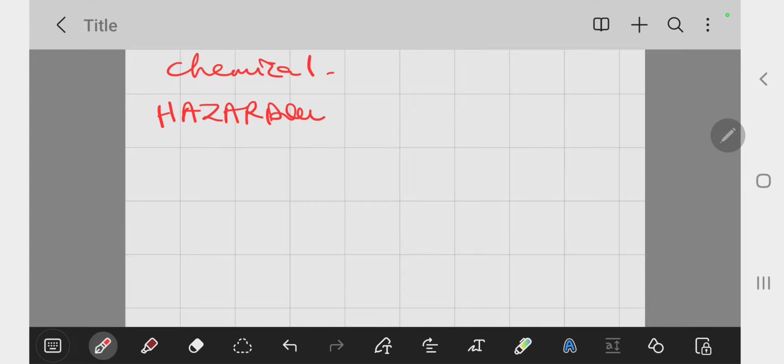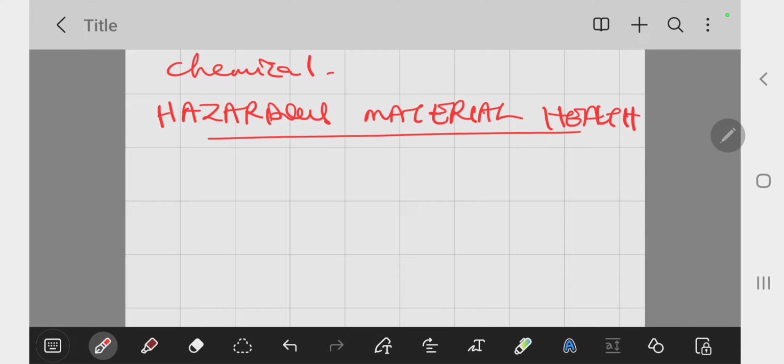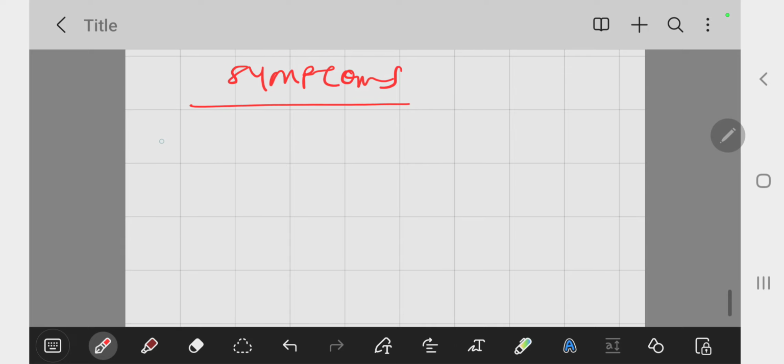So let's just say hazardous material health symptoms. Because in most cases, when someone has been exposed to a hazardous material, they're going to show some symptoms. These are the ones we're going to indicate here.